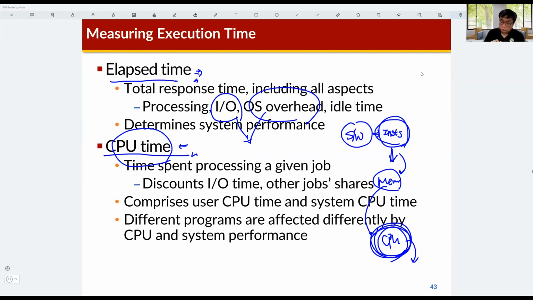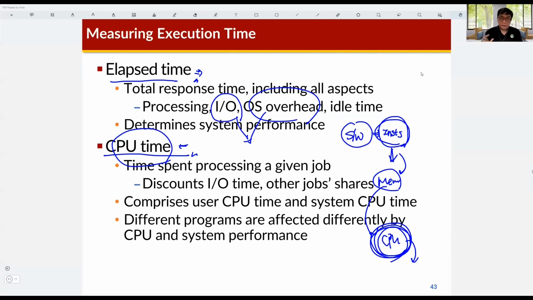So in order to measure the performance of a processor or CPU fairly, we just focus on the CPU time. CPU time means that we exclude every overhead, like operating system overhead or input and output device overhead.